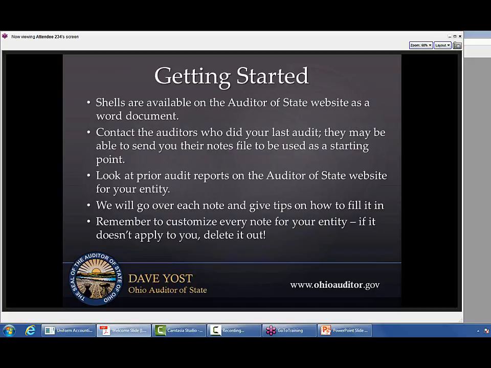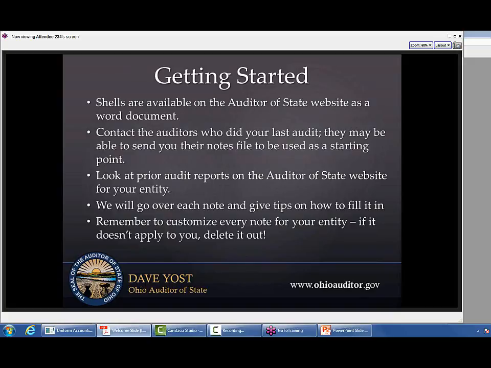They may be able to send you their notes file, either in WordPerfect or Word, or some kind of word processing file, and you can use that as a starting point. If you can get that file, that's going to save you some time, because you're going to have a lot of the stuff that I talk about today already set up, and all you're going to have to do is make a few modifications here or there. You won't have to start from scratch.